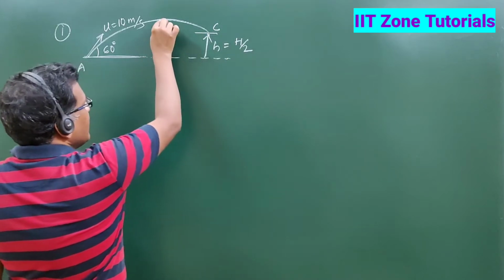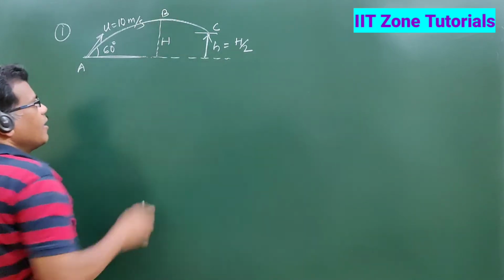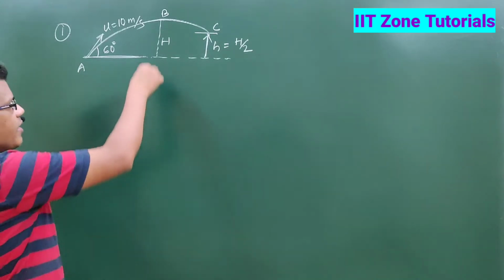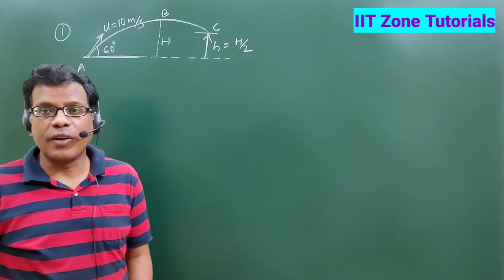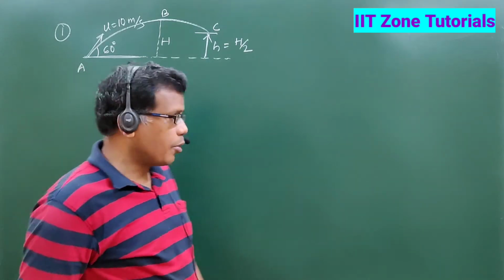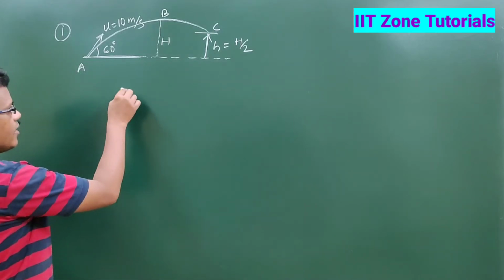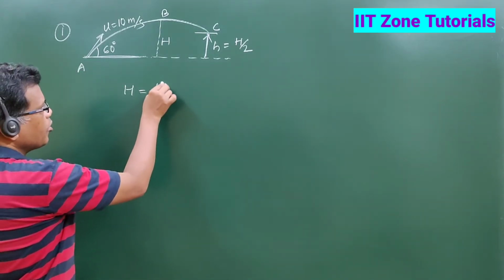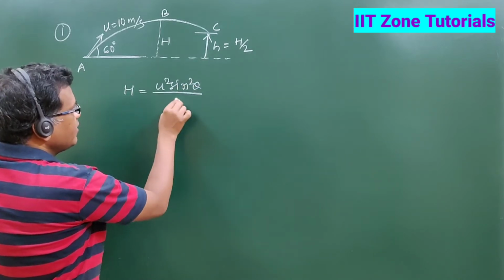Let this be the highest point B, and this is the maximum height, right? So we know how to find the maximum height of a projectile.